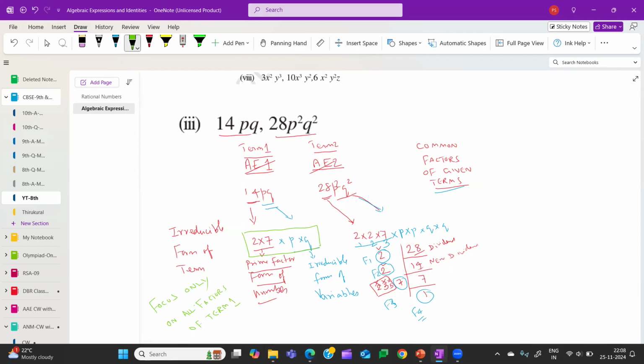So how many factors are there? This is 1. This is the second factor. P is the third factor. And Q is the fourth factor. So we need to check one by one.